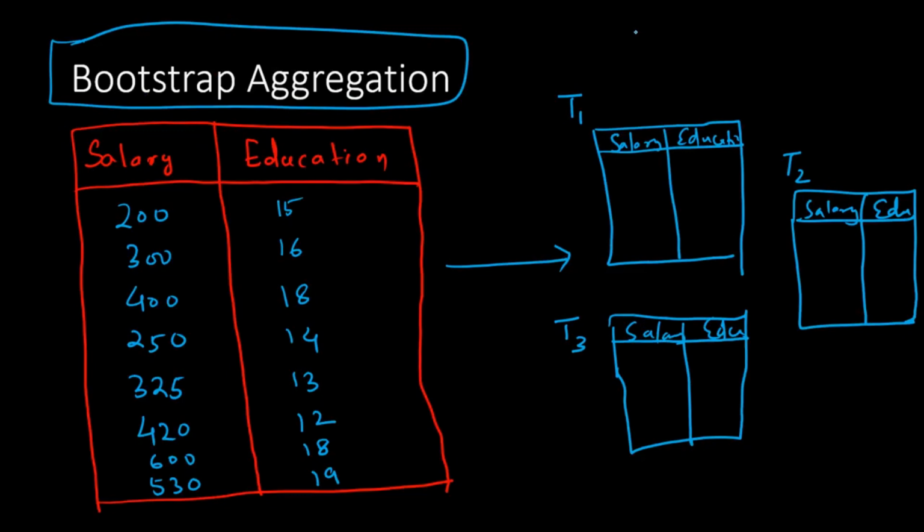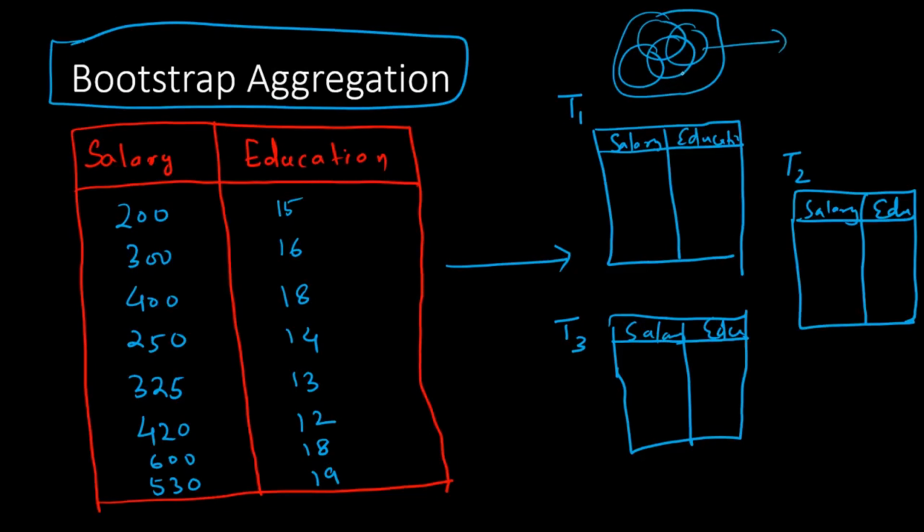You might have heard about what bootstrapping is. I'll give a very brief idea. Bootstrapping is nothing but sampling from the same sample, taking subsamples repeatedly. We have got a sample here, and we are taking smaller, overlapping samples, because the same observation could be in different subsamples from this bigger sample.